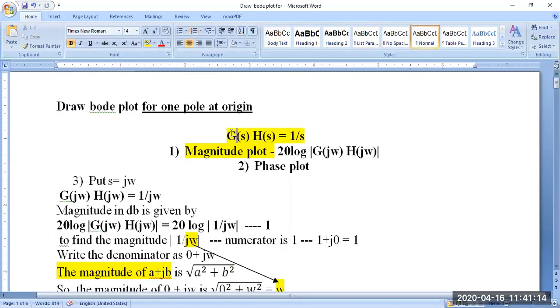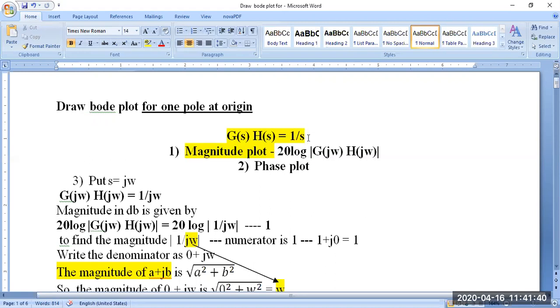So let us see the first transfer function. G of s into H of s is equal to 1 by s. So 1 by s, if you see, it means that there is a pole in the system and the pole is located at origin, s is equal to 0. So what can we say about this system: there is a pole at 0.